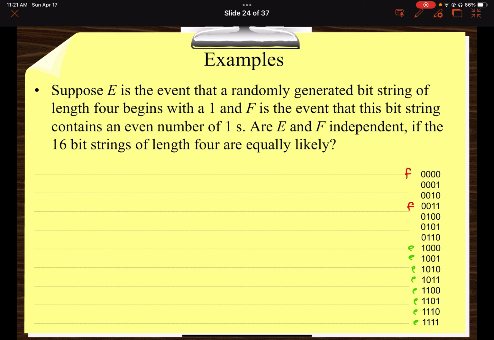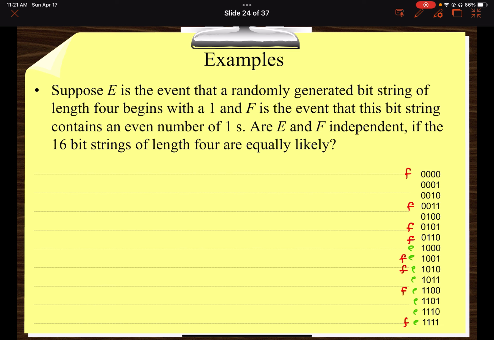Okay, and then 6, 7, 9, 10, 12, right? 12, how about 13? 13 is 1101. Then the last one, 16, right?